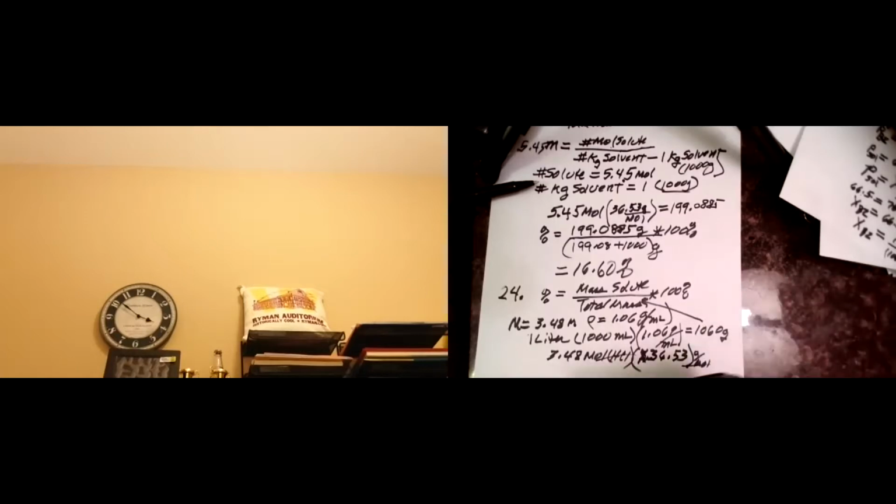So I'm going to take the 3.48 times 36.53. That gives me the numerator for my percentage, 127.1244 grams, divided by the total mass of the solution, 1060, and multiplied by 100.